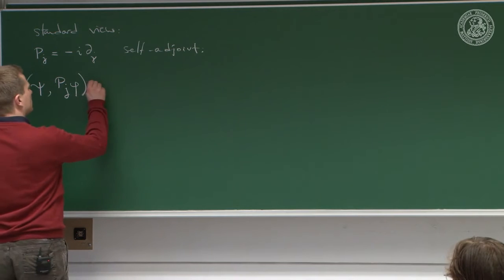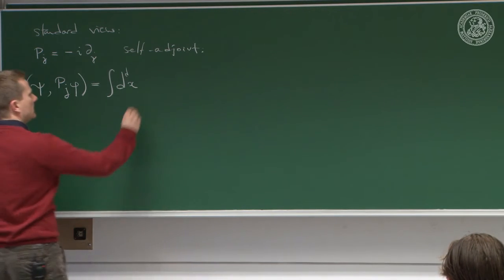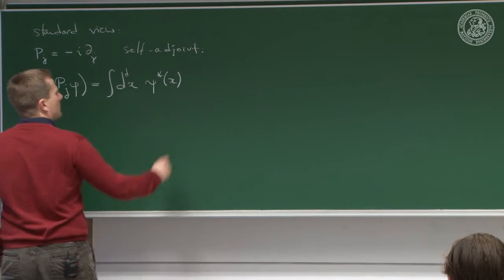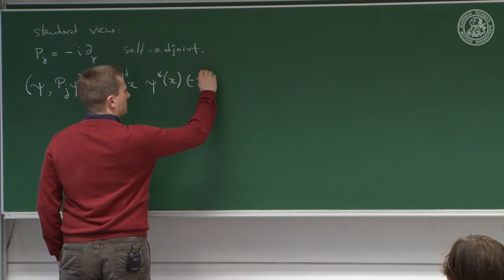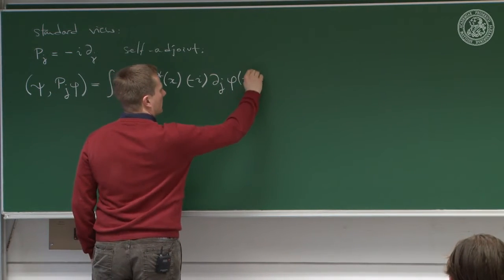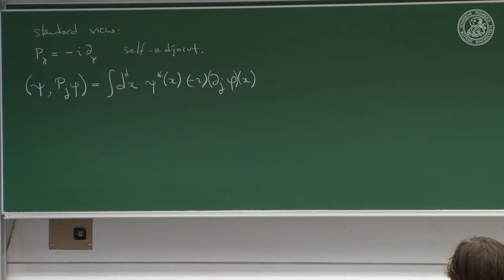This is quickly done because this is just this integral: psi star of x, then minus i times del_j acting on phi, the whole thing evaluated at x.